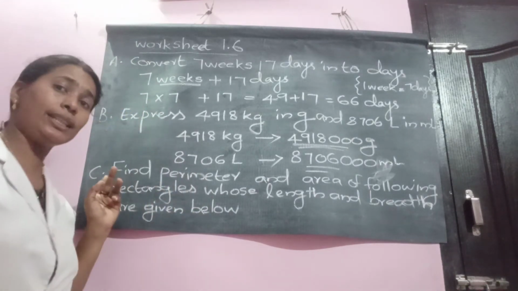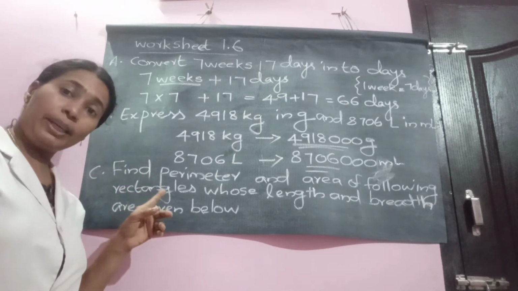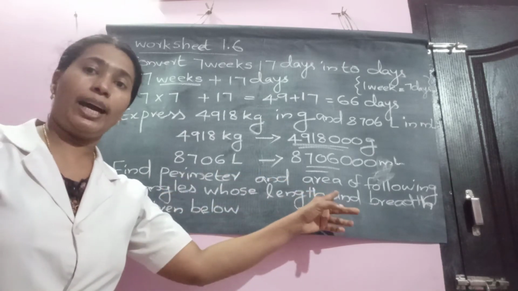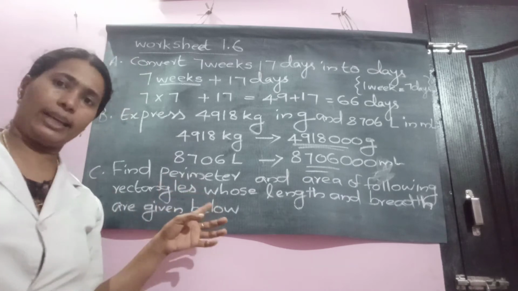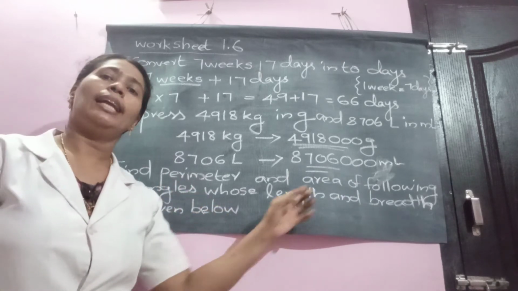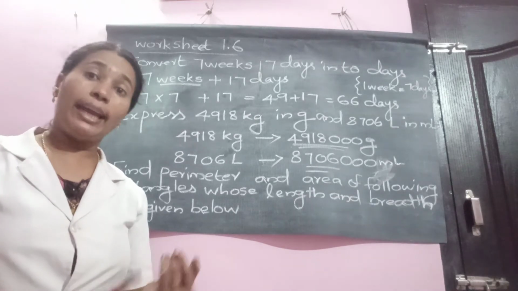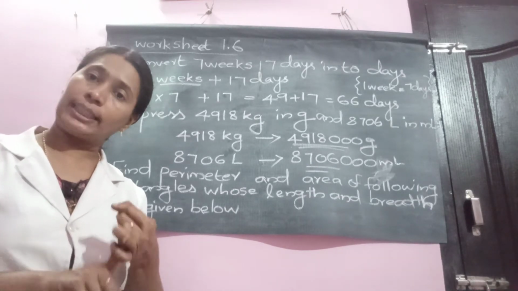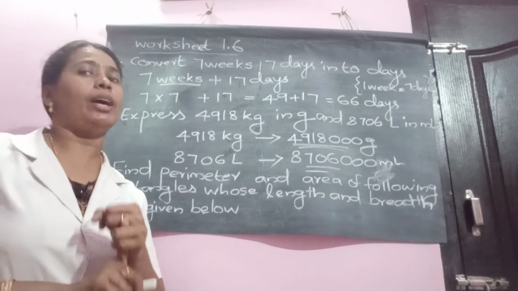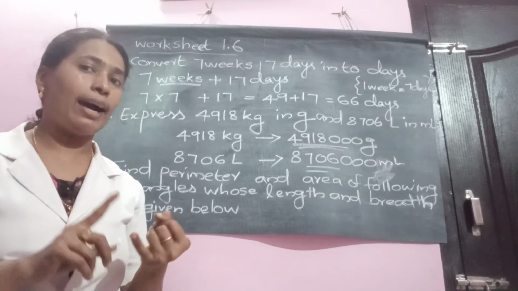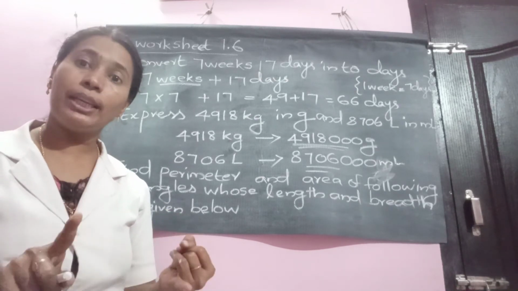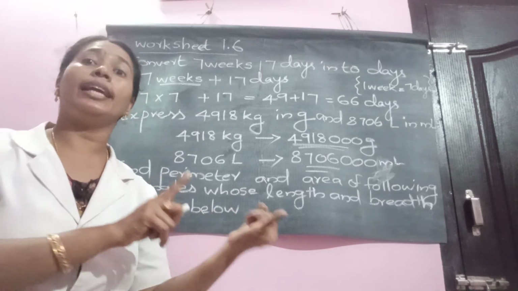C question is: find perimeter and area of the rectangles whose length and breadth are given below. Length and breadth of a rectangle are given. What do we have to do? We have to find perimeter and area.